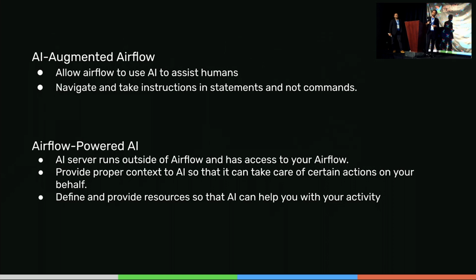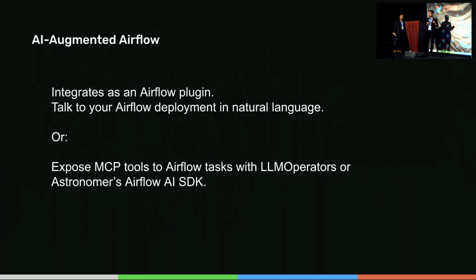Whatever it runs becomes a DAG run and you have all the logging and monitoring of the stack with AI powered Airflow. So those are the two paths in which I think it could be used.